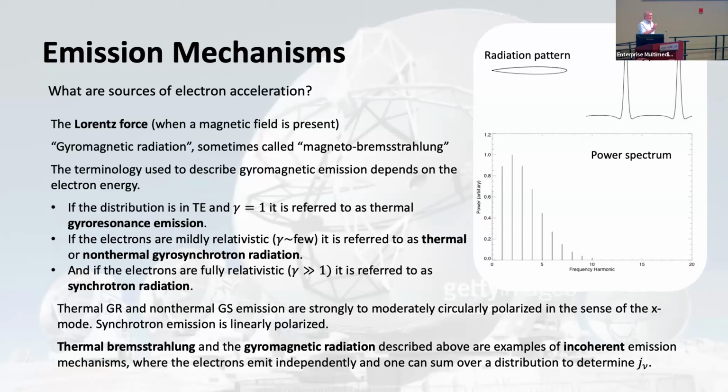I'm not going to really talk about thermal gyroresonance emission, even though it's a very large topic in and of itself. These are both examples of incoherent radiation mechanisms, meaning you can formulate the contribution in terms of single particle interactions and then sum up over distributions, just integrate up.